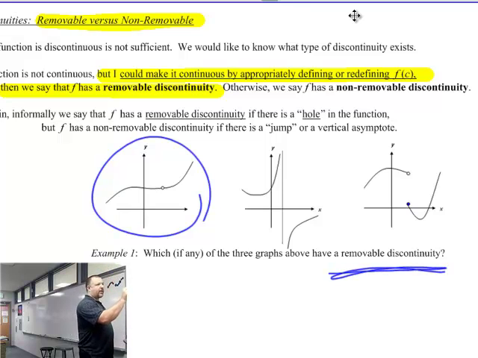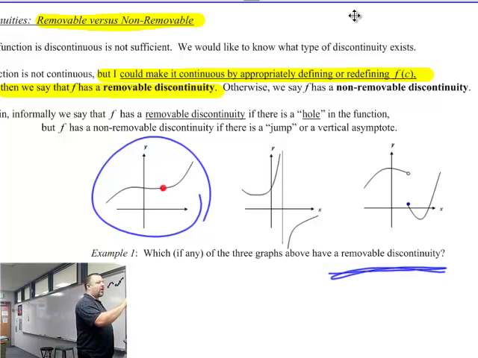If there happens to be a dot right here above that, that's okay. It's still a hole, but the definition says if I can make this function continuous by filling that hole with a single individual point, then I've made it continuous. And if I can do that, it is a removable discontinuity. Otherwise, it's non-removable.